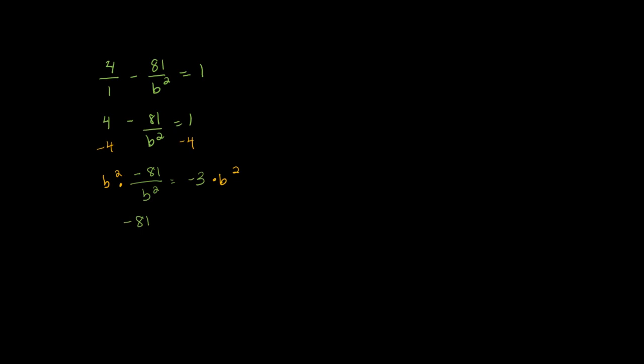That gives us negative 81 equals negative 3b squared. And then divide both sides by negative 3, and we get a positive 27 equals b squared.